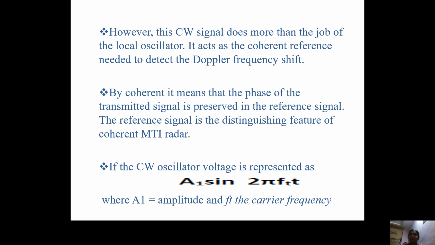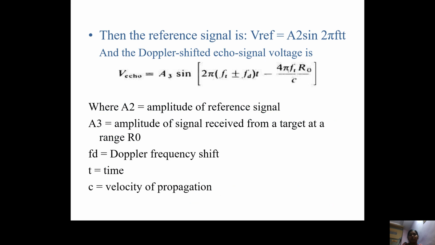The reference signal voltage is obtained from the continuous wave oscillator, which acts as a coherent reference. So V reference equals A2 sine 2 pi Ft into T. A2 is the amplitude of the reference signal, which is again a sinusoidal wave. Ft is the transmitted frequency and T is the time period.